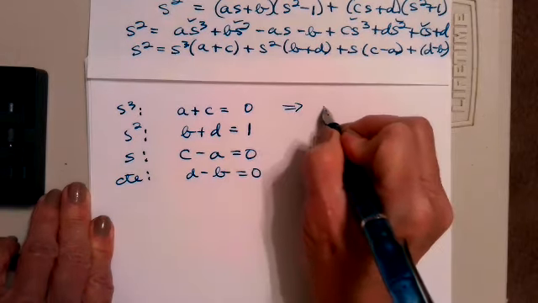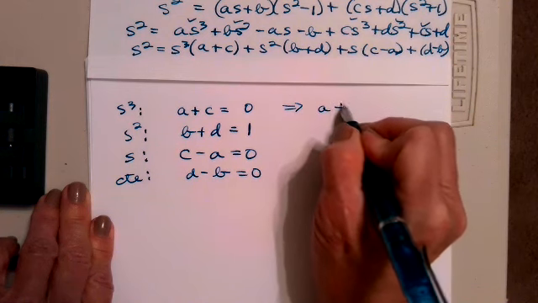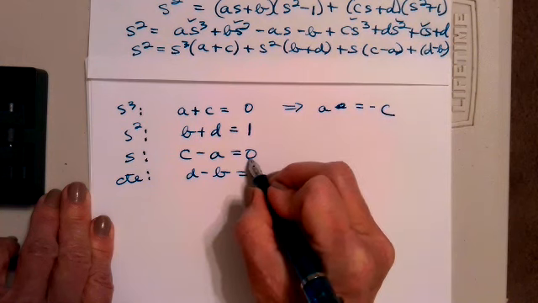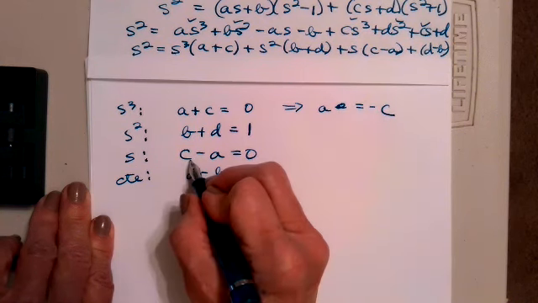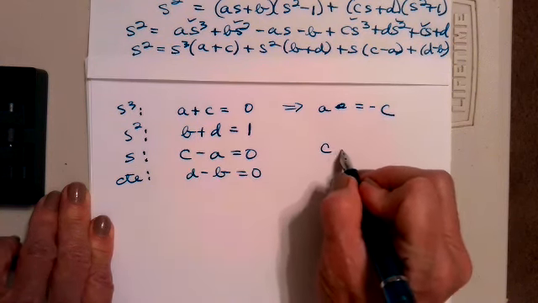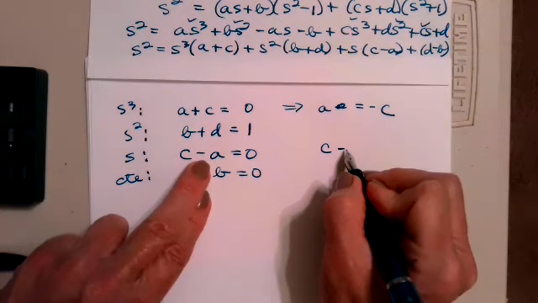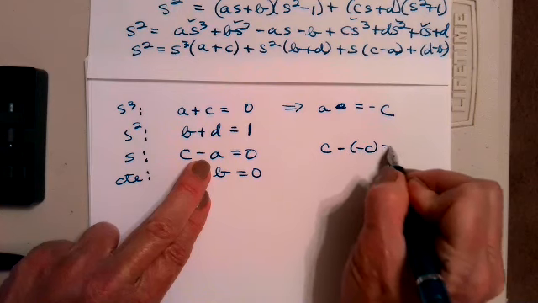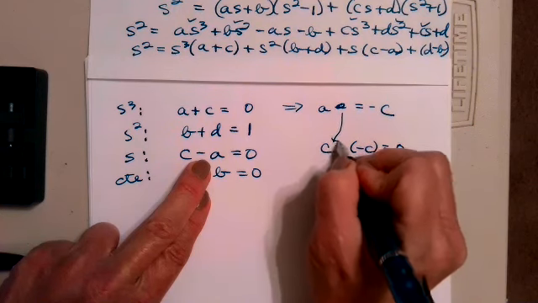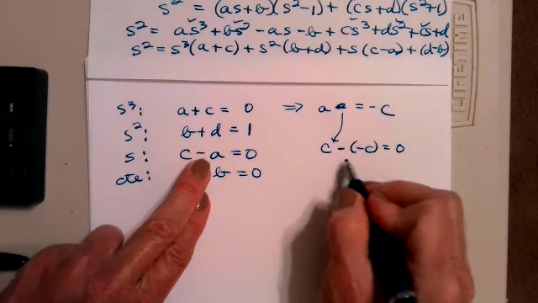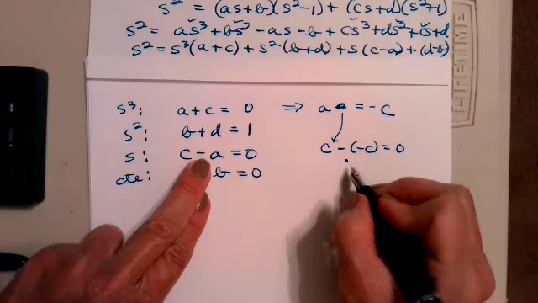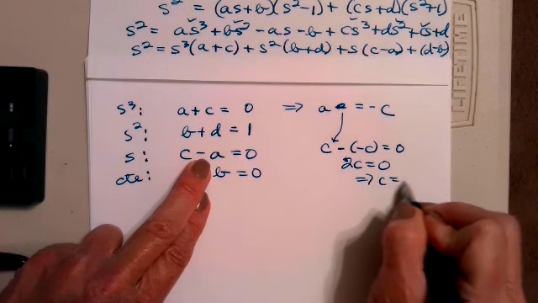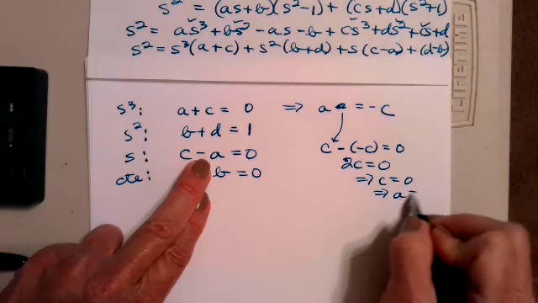So this one says a is equal to minus c. And now if you use that here, that says c minus a is c plus c equals 0. And you solve this any way you like. This is just the way I happen to be doing it. So that says 2c equals 0, which says c equals 0, which says a equals 0.